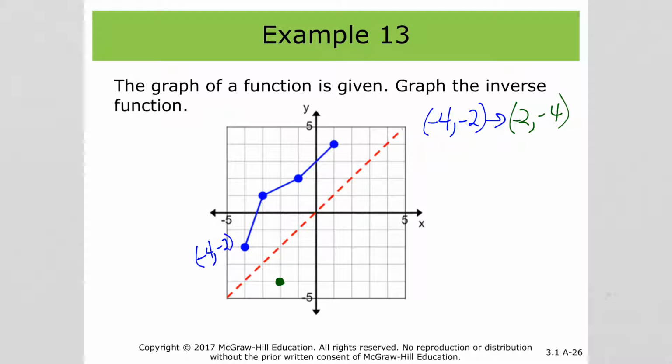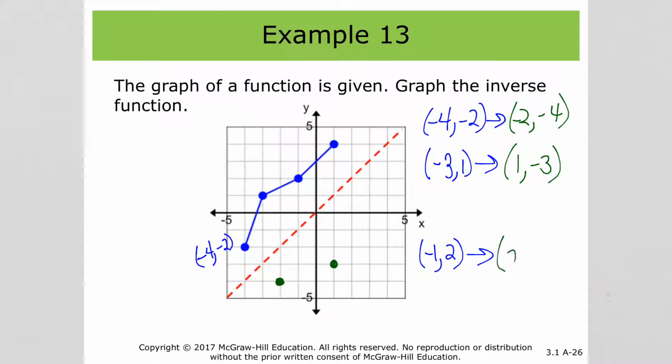Okay? The next point is negative 3, 1. So its inverse is 1, negative 3. The next point is 1, 2, or no, it's not. It's negative 1, 2. So its inverse is 2, negative 1.